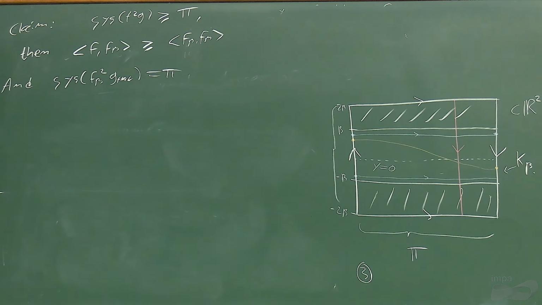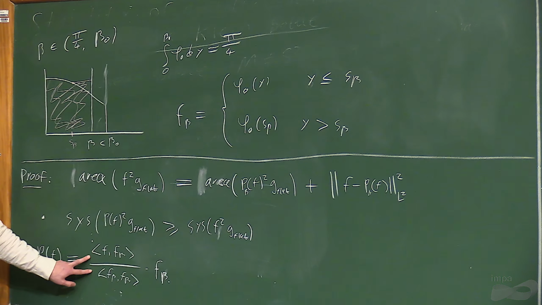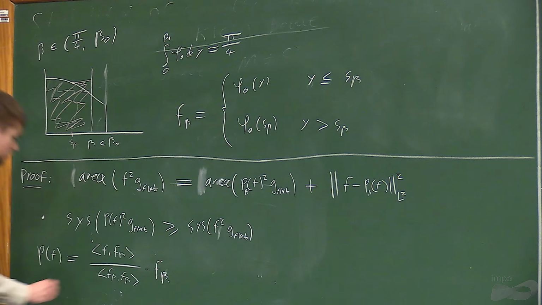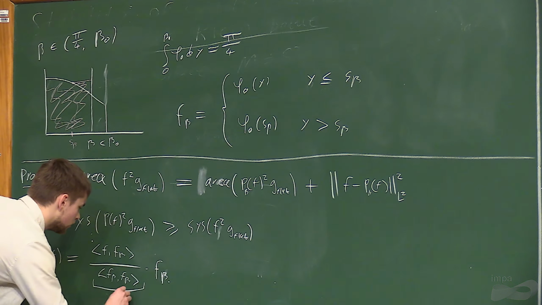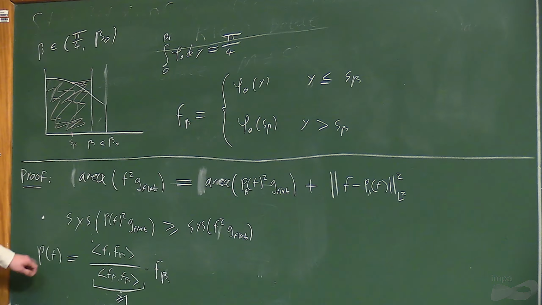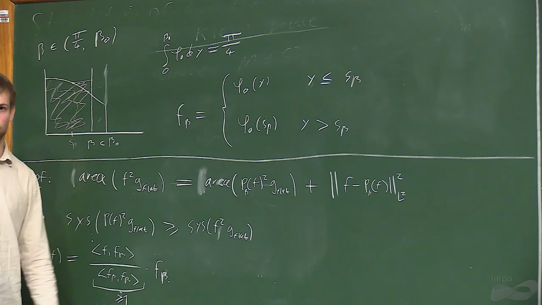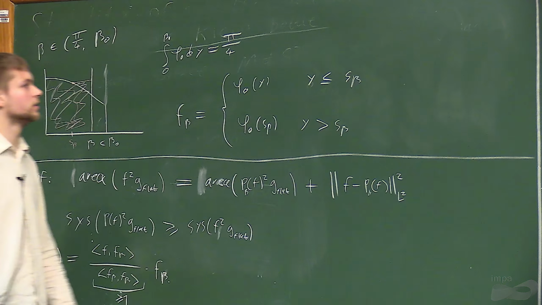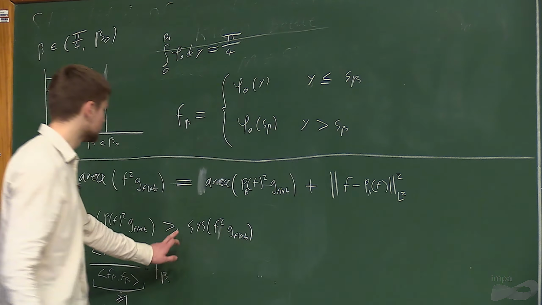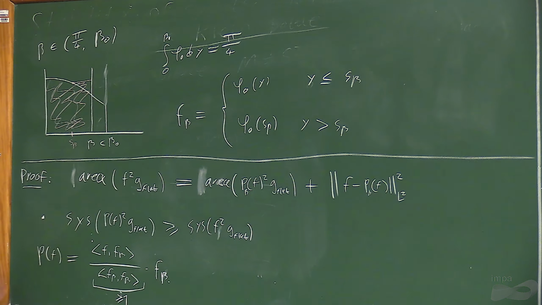This is by construction and by rescaling. And so if we combine these results, if we start with a metric with systole bigger than or equal to pi, then this factor is bigger than or equal to 1. And then our conformal factor after projection will be bigger than the optimal conformal factor f beta. And so we get that the systole is bigger than this. And if we put these two inequalities together, we get precisely the result which we wanted to get. So yes, I think this will be all.